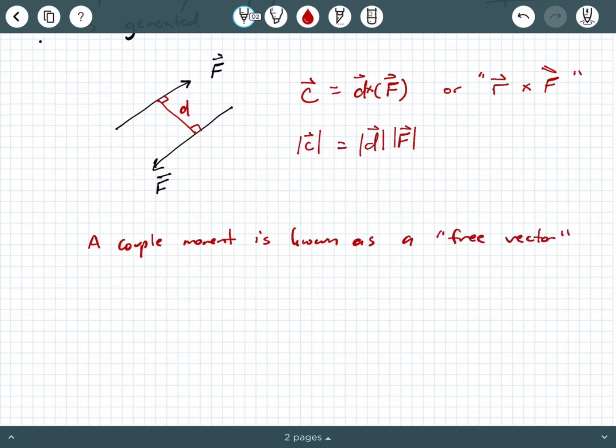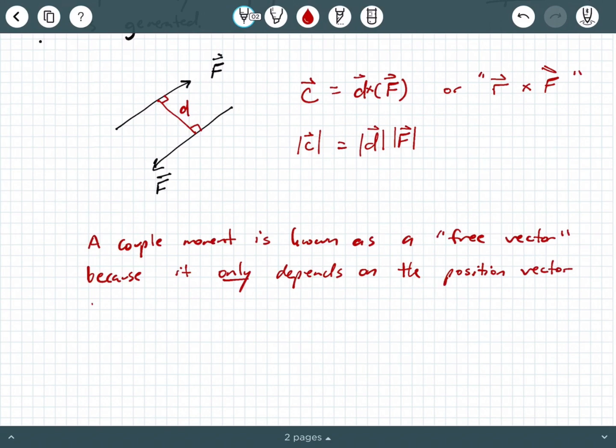And the reason why is because it only depends on the position vector between the parallel forces.